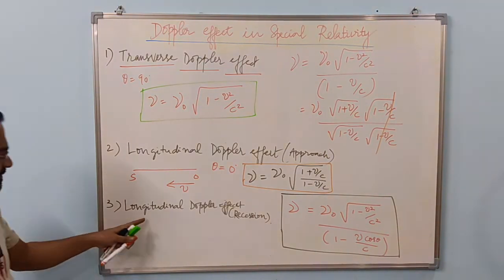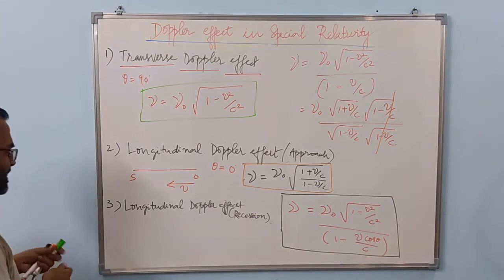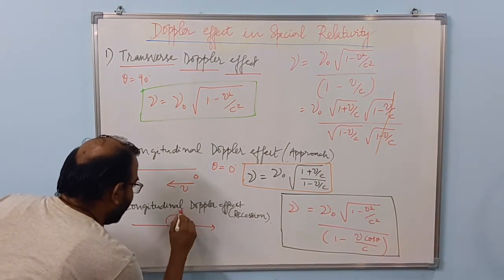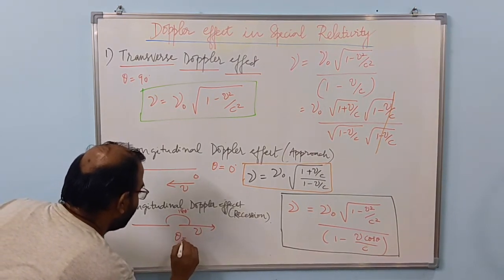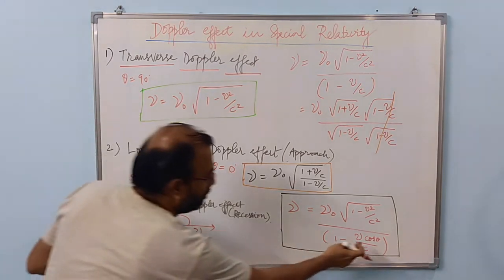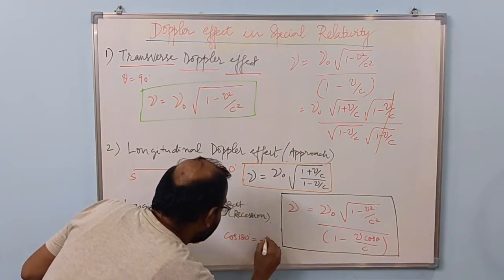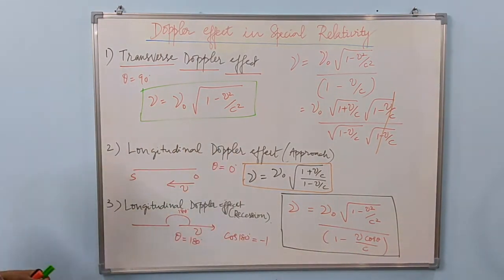And finally, we can again verify whether we are getting the same expression for recession also. In this particular case, the directions are going to be at 180 degree angle. So therefore, it is recession. So we have theta as 180 degrees now, and cos 180 degrees is minus 1. So if you substitute minus 1 here, the denominator becomes 1 plus v by c.